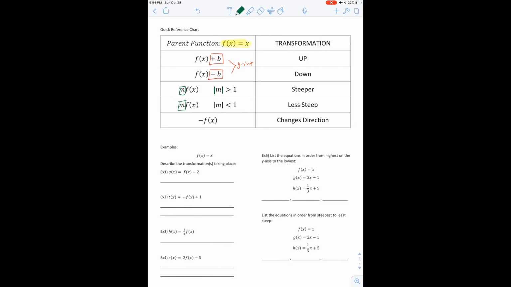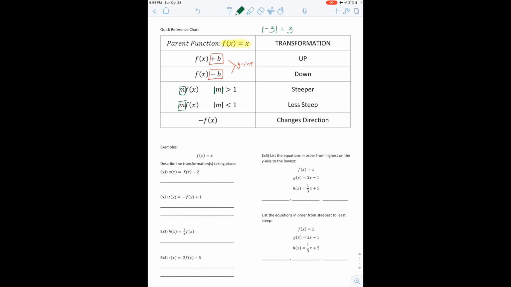So even if you have a slope of, let's say, -3, the absolute value of -3, absolute value is just the positive of the number. Okay, so the absolute value of -3 is really just 3. So that means it would be steeper. The negative just means that it's going to make it go down. So you want to look at just the positive value of the slope to decide if it's going to be steeper or less steep.